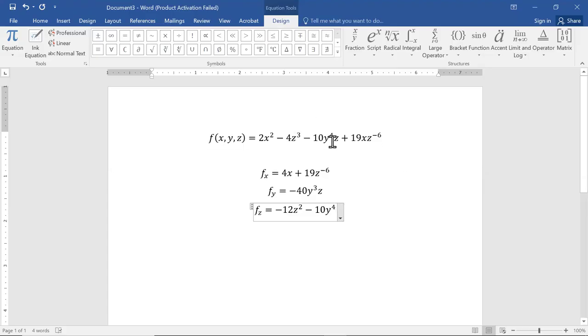Again, here we have it at z to the first power, so the 1 multiplies, and then the z variable gets eliminated or becomes z to the 0, which I don't have to write. And then lastly, 19 times negative 6 is negative 114. So when I take a derivative, I get negative 114 x z to the negative 7.